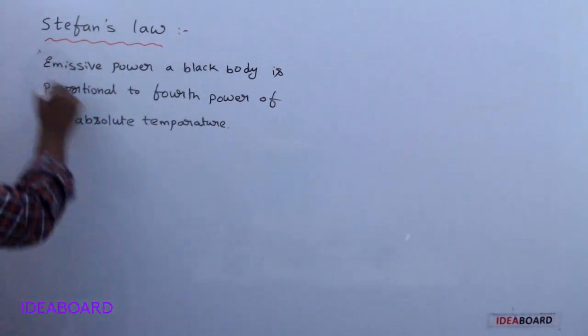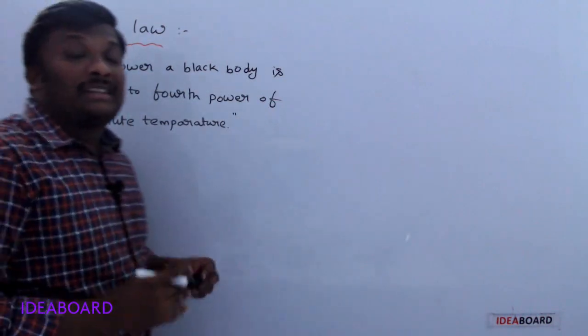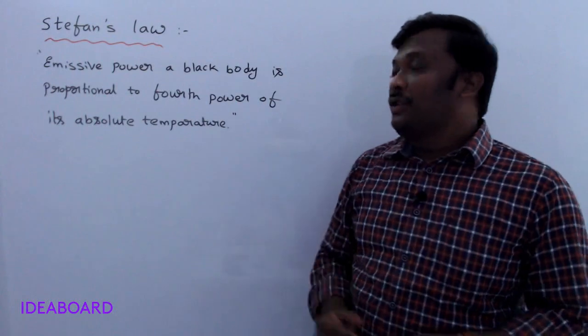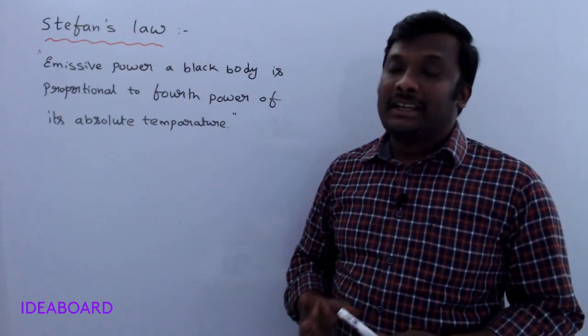Stefan's law is stated as: the emissive power of a black body is proportional to the fourth power of its absolute temperature.